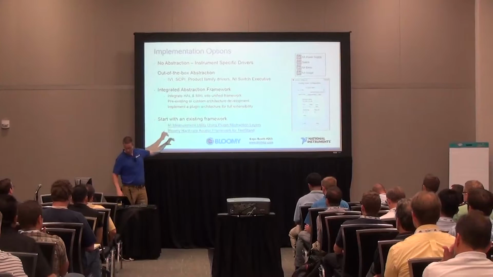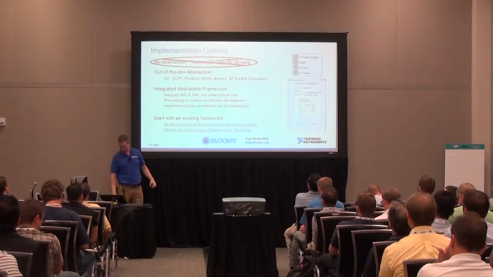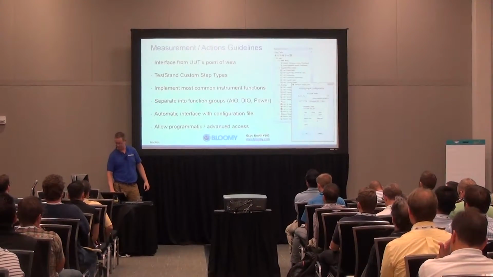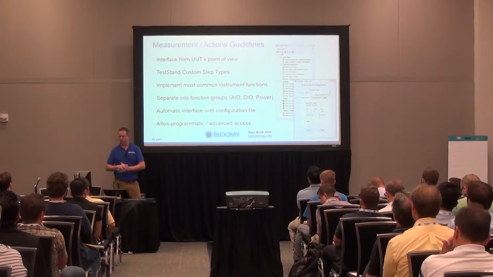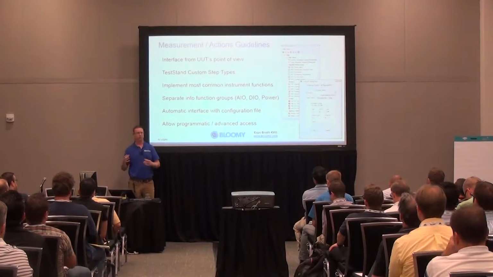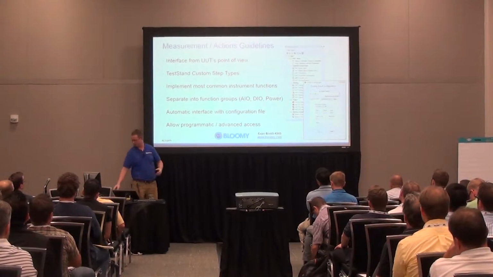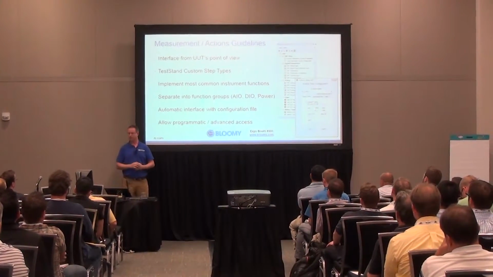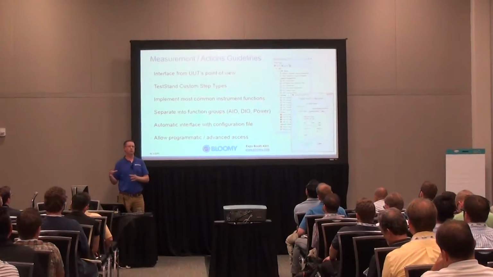If you want to write your own, we'll talk a little bit about some guidelines for these. So, walking through each of these APIs or each of these sections. When you develop a measurement layer, you want to do everything from the point of view of the unit under test.